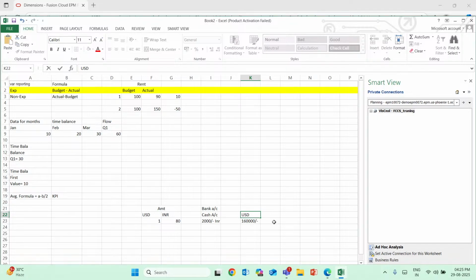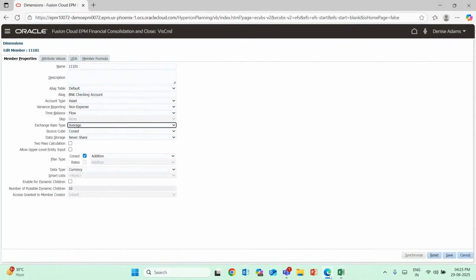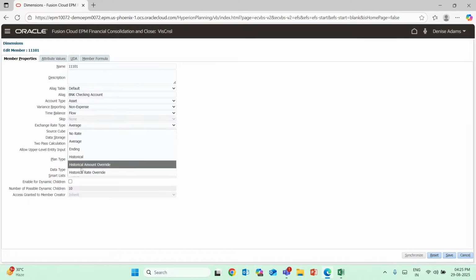So this is the converted amount from INR to USD. With this conversion, I'm talking about the rate override and the amount override. It depends on the client, they might give you the account already converted or the rate.